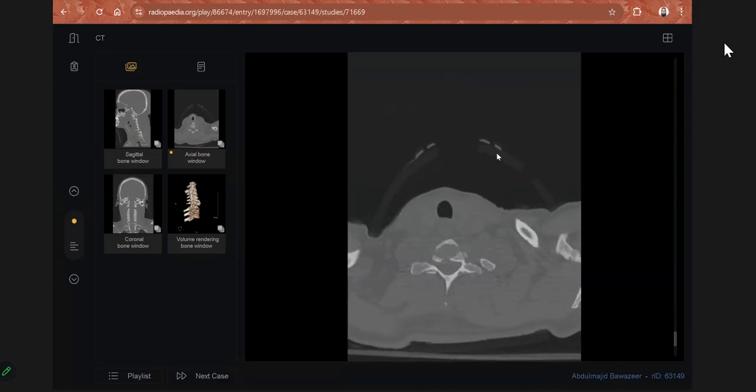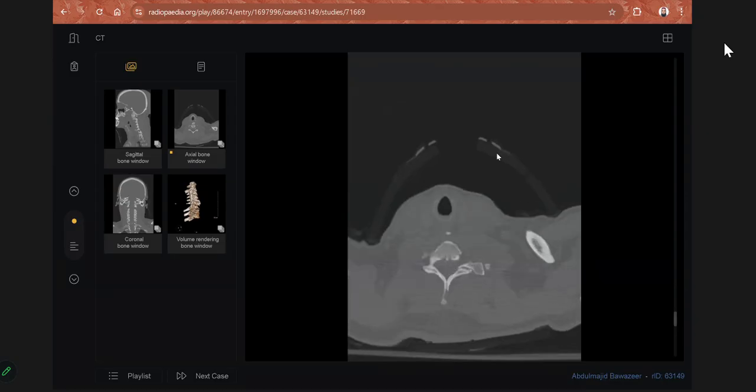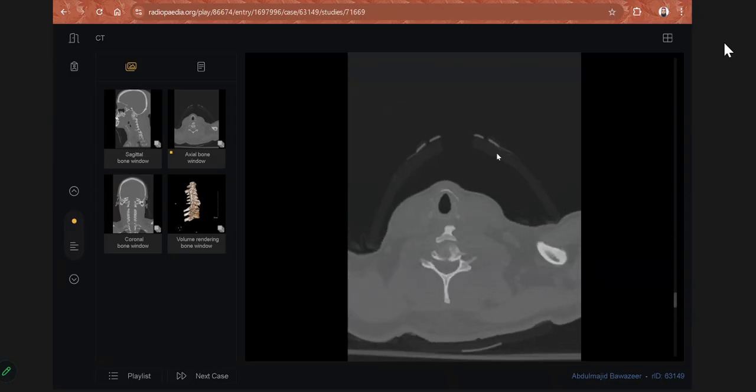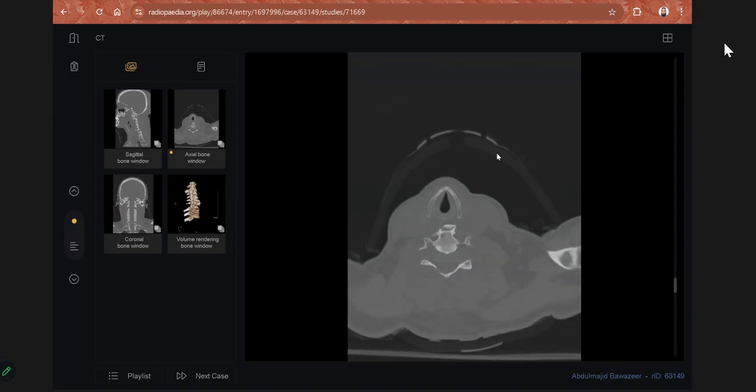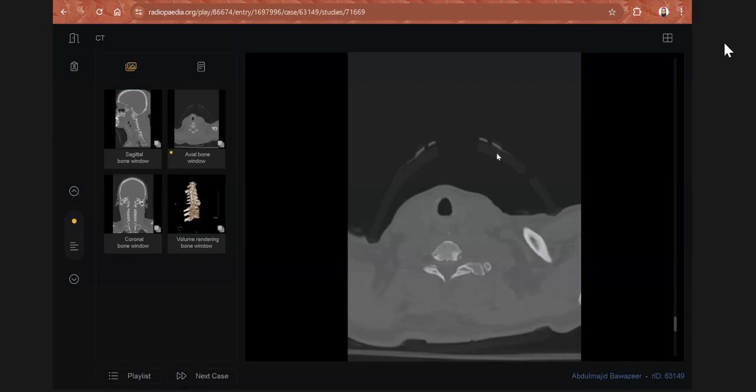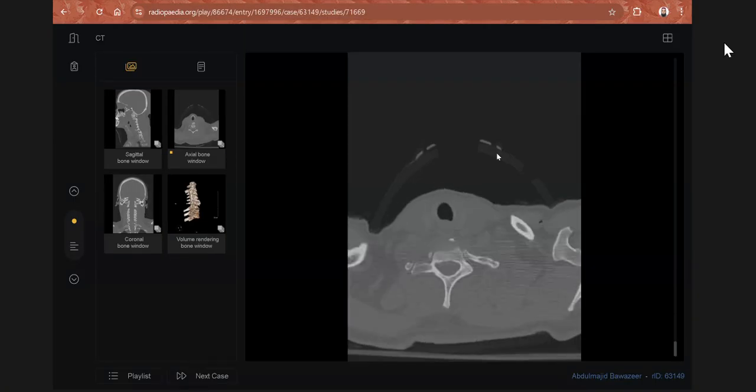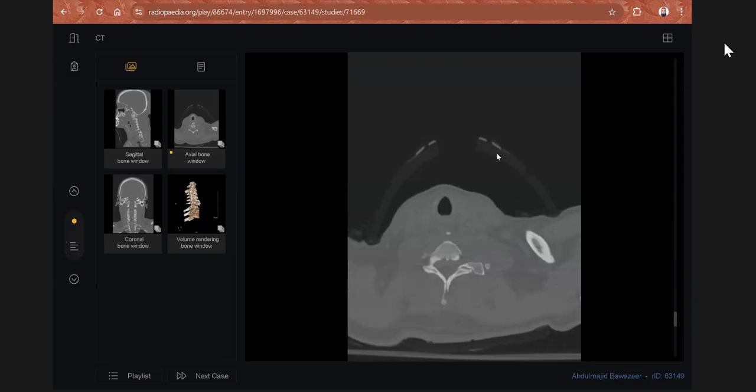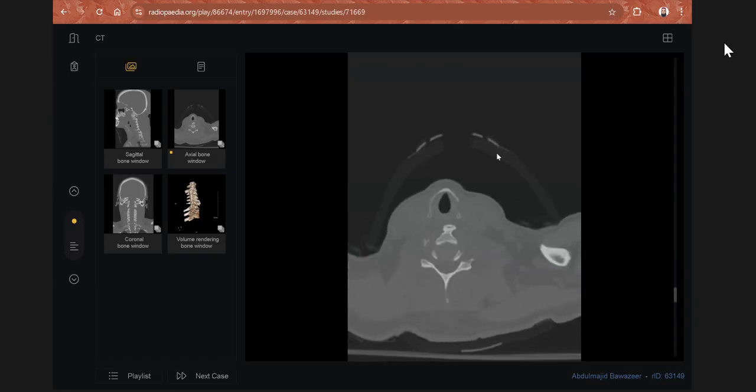Sir, I think I could appreciate that there is a fracture of the... No, I think the clavicles are intact. Yeah, the clavicles are intact. I am now looking for any facet joint injury.